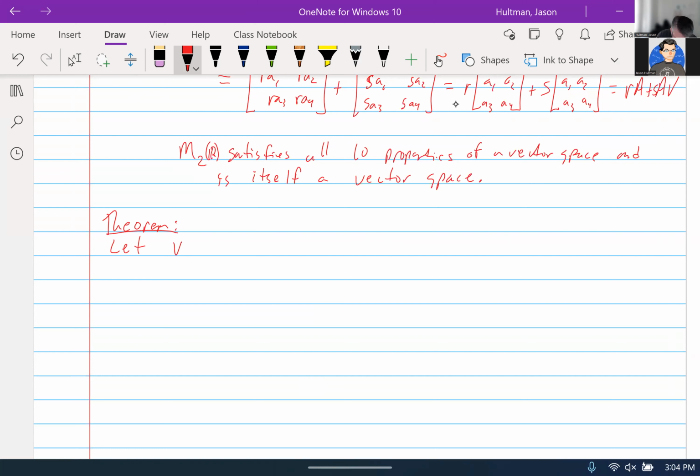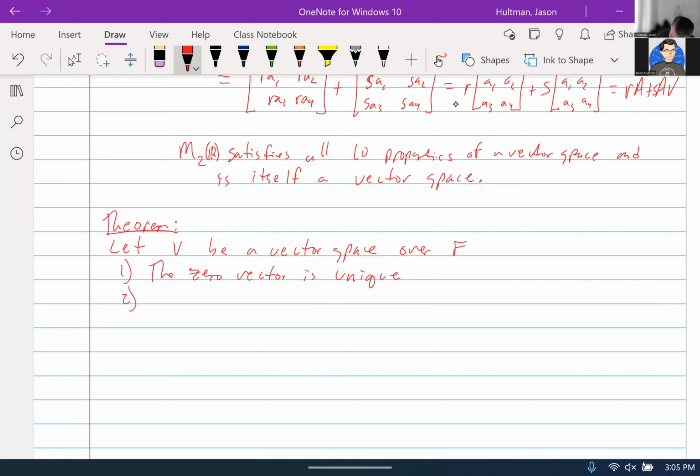Let V be a vector space over F. Then, if it's a vector space, we know some things. Number 1, the 0 vector is unique. There's only one 0 vector and it's unique.